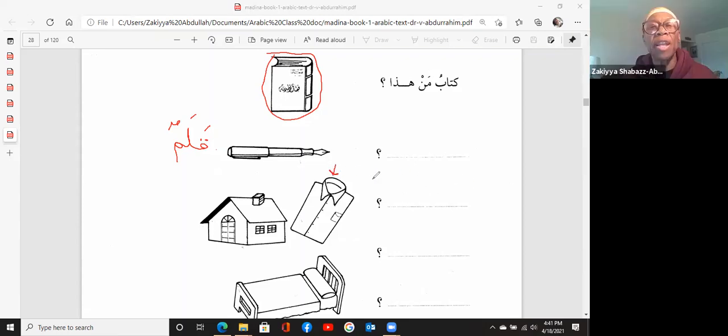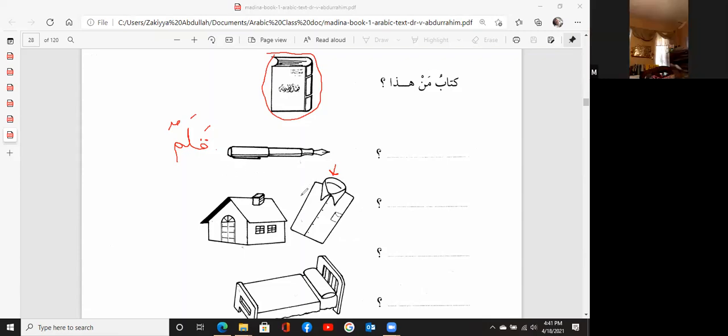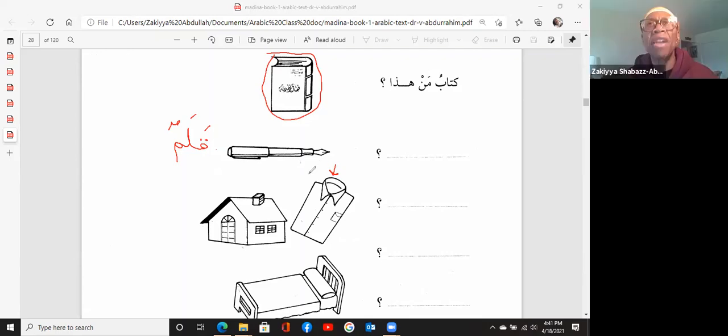It's a shirt, but we're talking Arabic. Qamisu. Is qamisu. And it's long, qamisun. And that goes with the shirt.